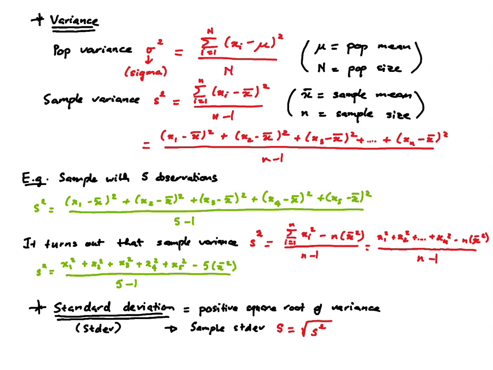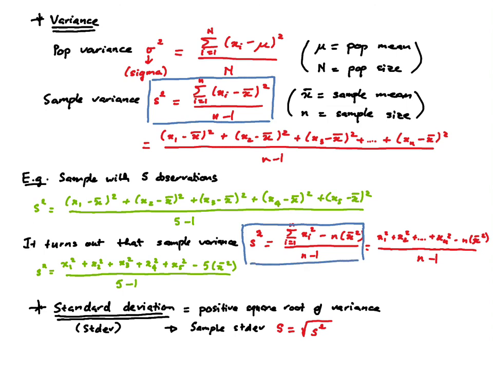The first way to do it is to use this formula up here. The second way to do it is to use the second formula down here. Once you have the sample variance, in order to get the sample standard deviation, all you have to do is take the square root of the variance, and that gives you the standard deviation.